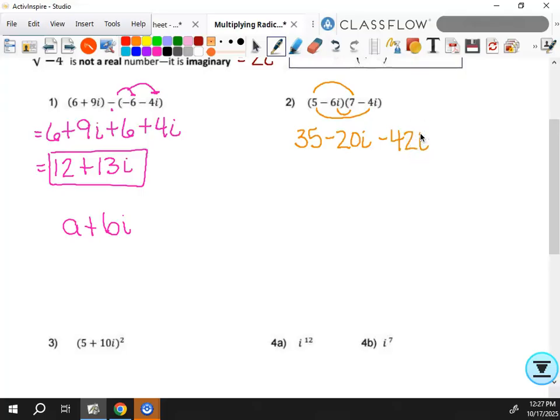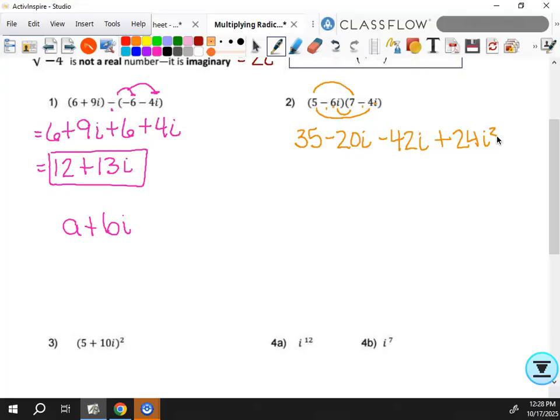Now, this is going to give me negative times negative is a positive. 6 times 4 is 24. And then i times i is i squared. Okay? What does i squared equal? Negative 1, right? So this is really 24 times negative 1.